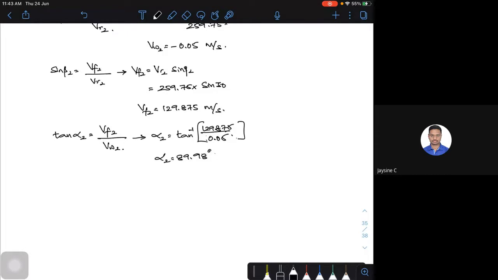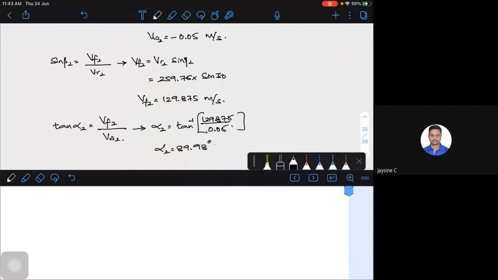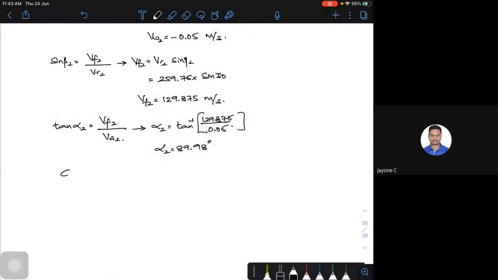Okay, so let me write that. What is your cos alpha? Cos alpha 2 is equal to the adjacent, that is VW2, divided by V2, or V2 is equal to VW2 by cos alpha 2. So VW2 is 0.09.